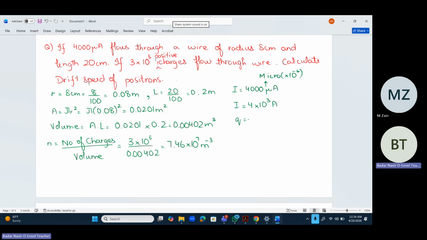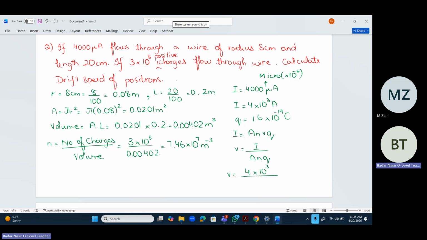Charge of a positron is equal to 1.6 times 10 to the power minus 19 coulomb. Formula is I is equal to A N V Q. Make small v as the subject: I over A N Q.